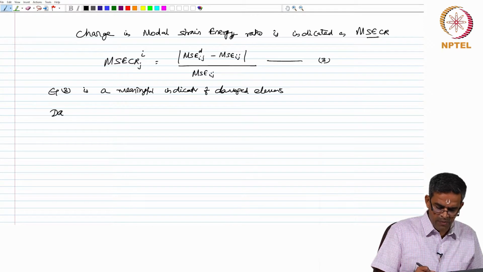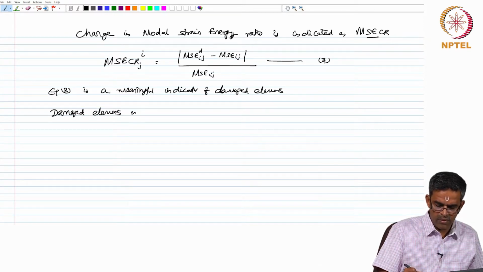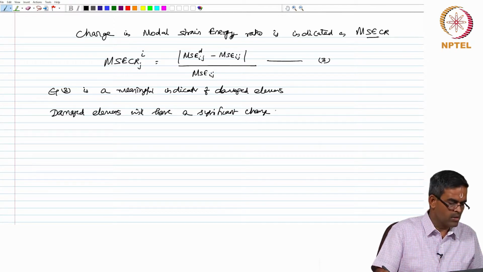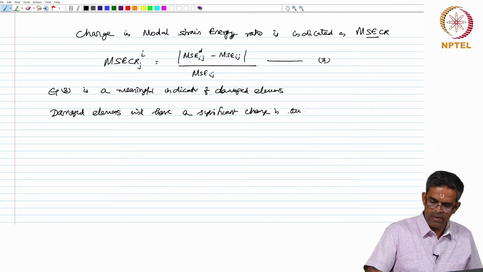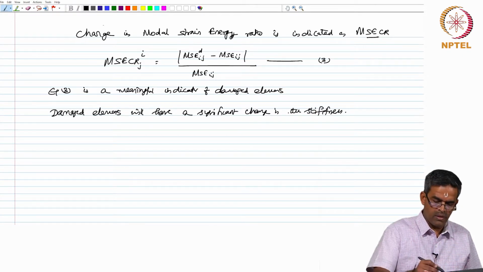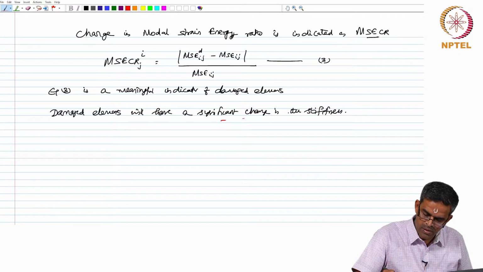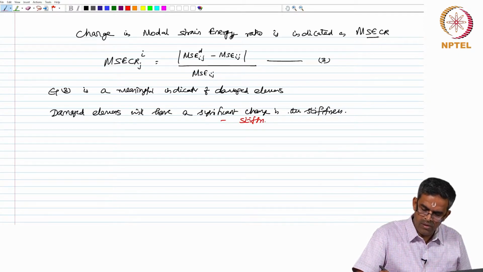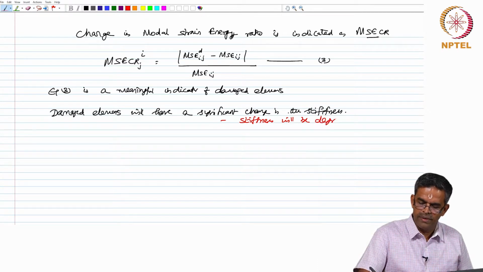Damaged elements will have a significant change in the stiffness, because stiffness will be degraded.